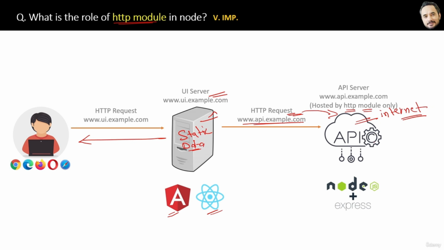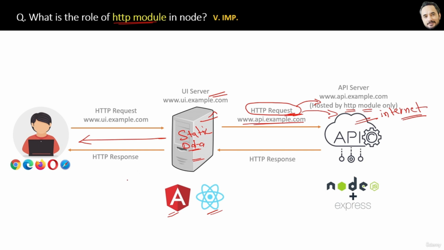The HTTP module will create an HTTP server that will be listening to the HTTP requests from the UI, and then the same HTTP module will send back the HTTP response to the UI, and then the UI will of course send the response to the user's browser.